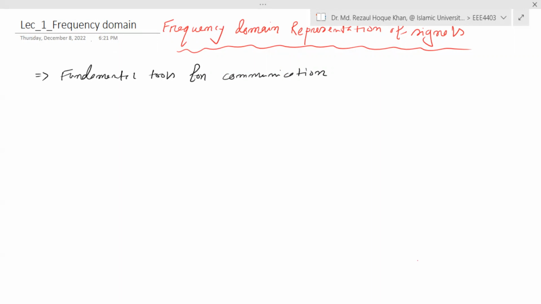In this case, analog signals are usually represented in time domain, but it has a significance also for its representation in frequency domain.